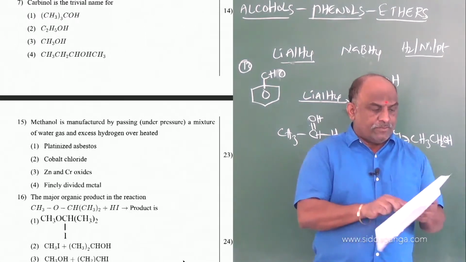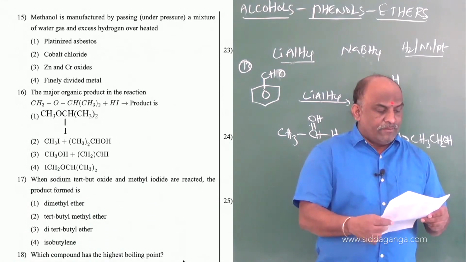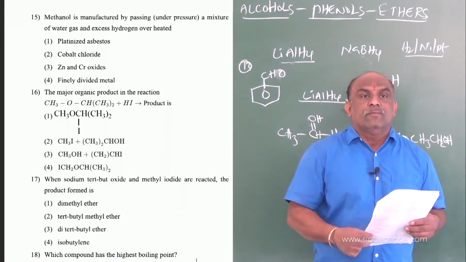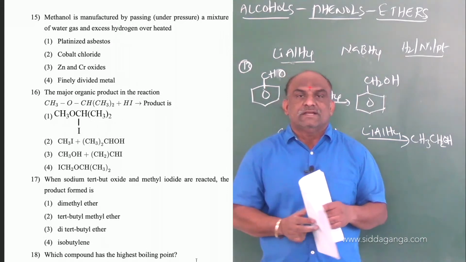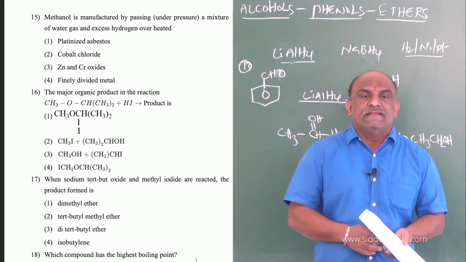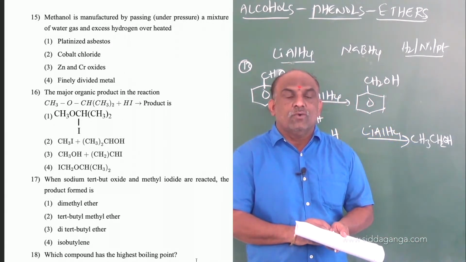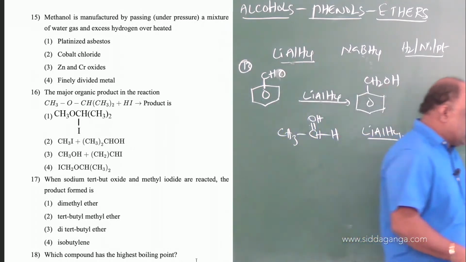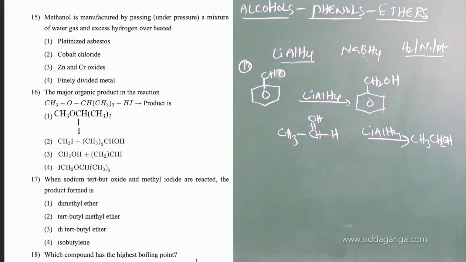Coming to question number 15: methanol is manufactured by passing, under pressure, a mixture of water gas and excess hydrogen over heated catalyst. This point was already discussed in the synopsis class.